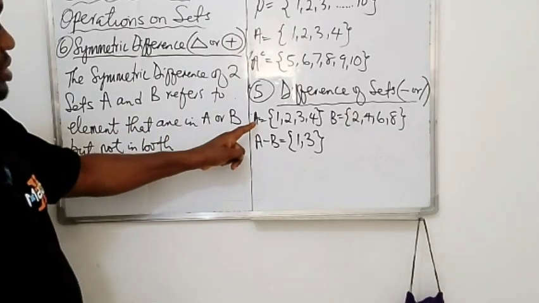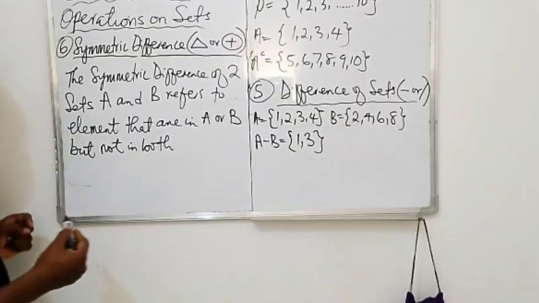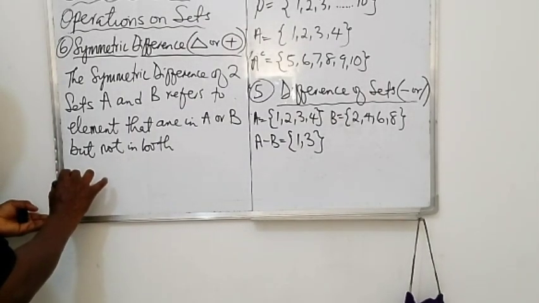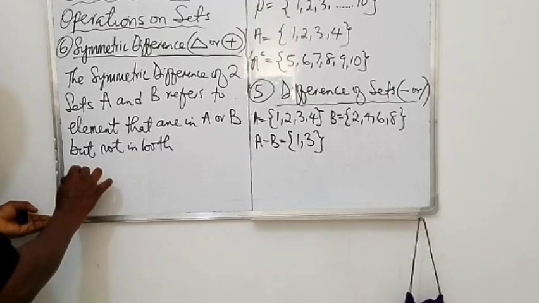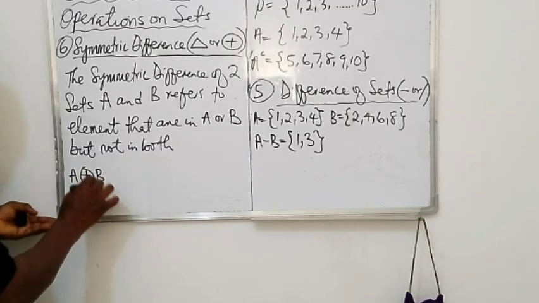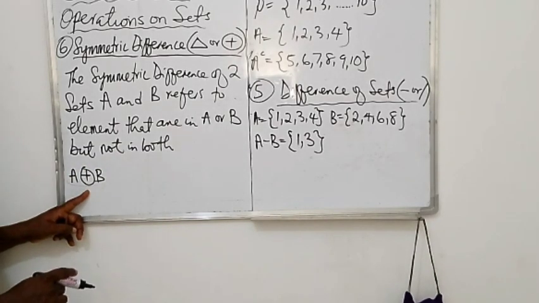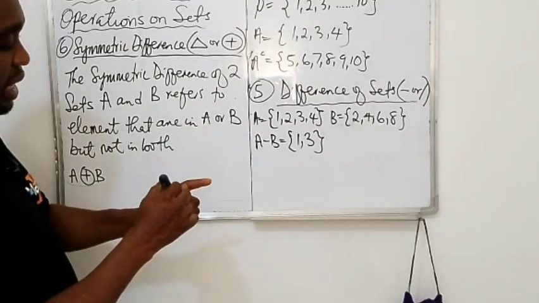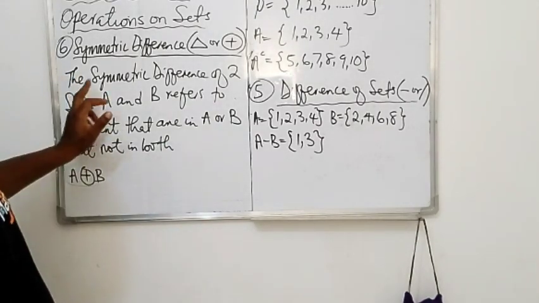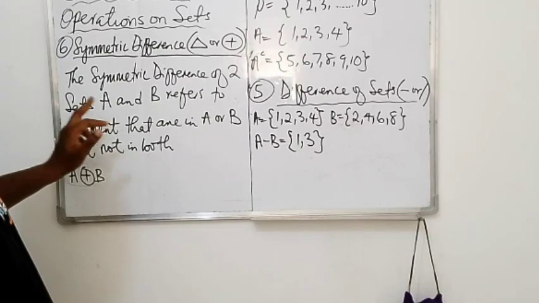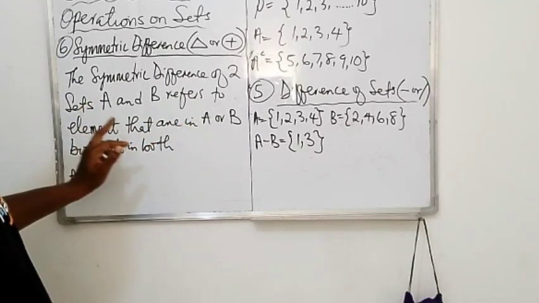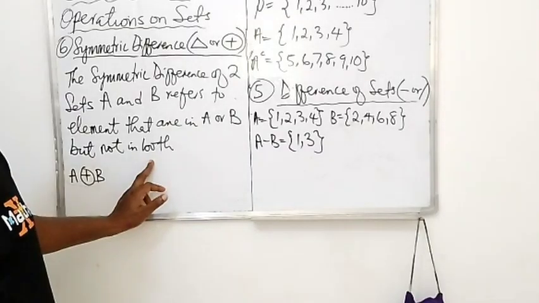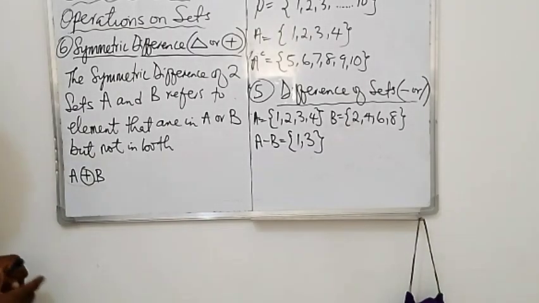So let's try this. This is our elements A and B. What do we mean by this? If we have A with the symmetric difference symbol on B, what elements are we talking about? Elements that are in A or B but not in both of them. So which elements are those?